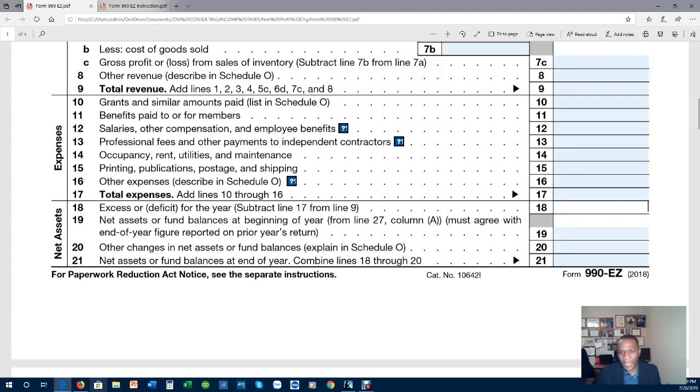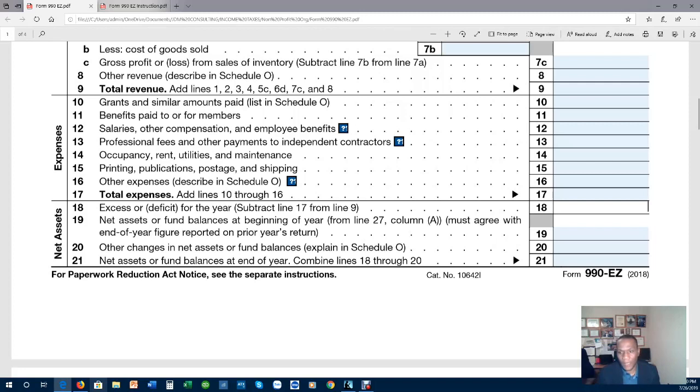Okay, and then line 19, net assets or fund balances at the beginning of the year, from line 27. Line 27 on column A must agree with the end of year figure reported on prior year returns.